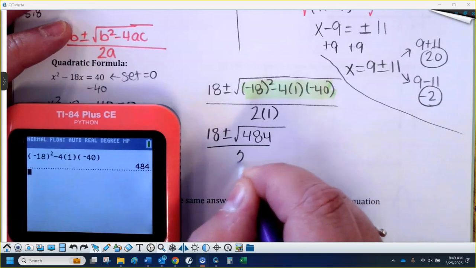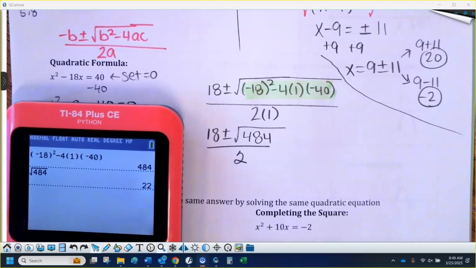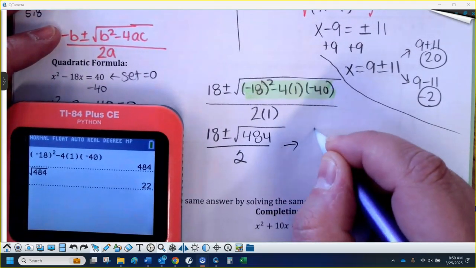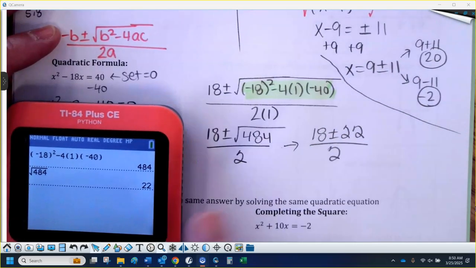484. Now, I don't know if you guys know this off the top of your head, but 484 is a perfect square. So if you want to try and break down a factor tree, everything will cancel out. But I just happen to know that's a perfect square, so I'm just showing you that's the square root. So what we have here would be 18 plus or minus 22 over 2.